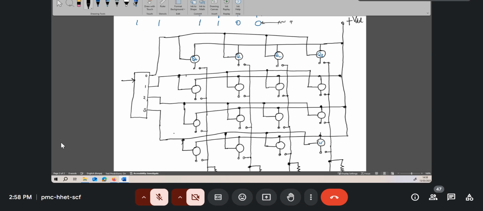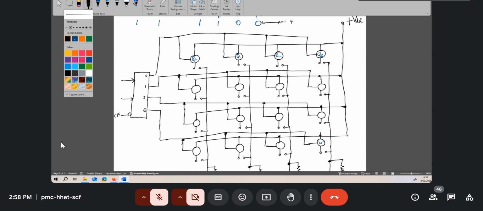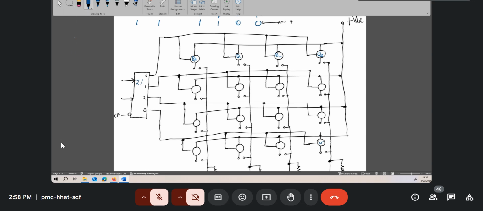And then we have our 2 inputs, maybe a chip enable. So this is a 2x4 decoder.